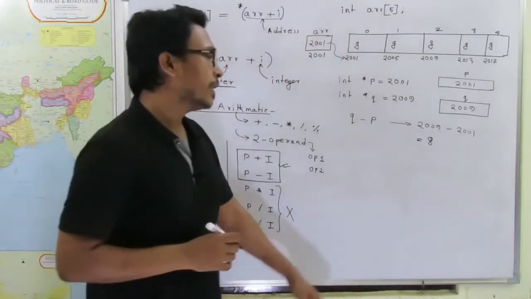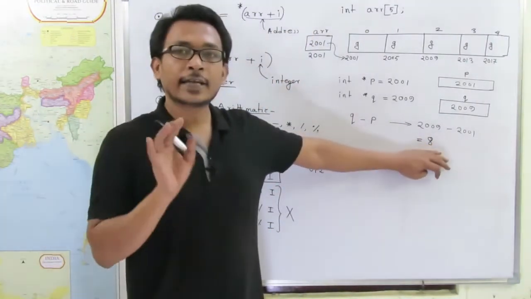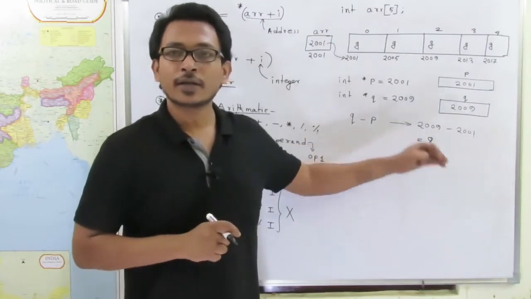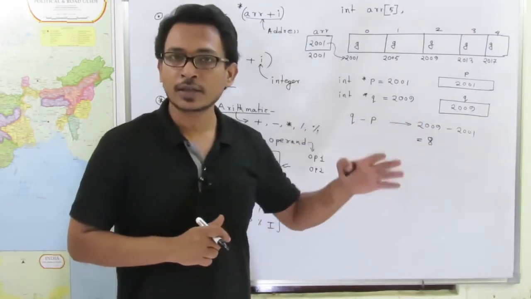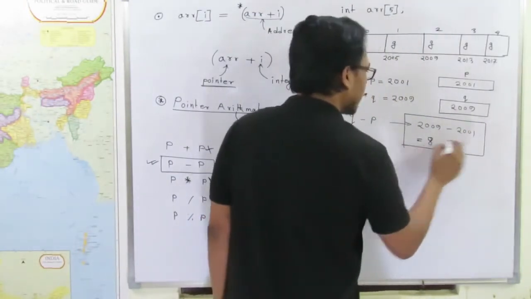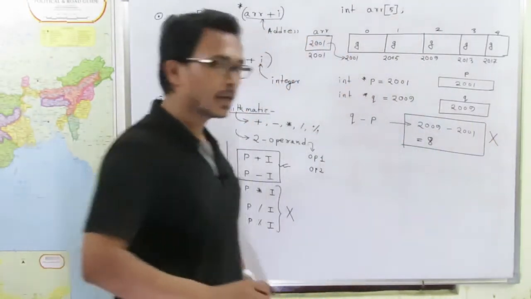But this is the result we get in case of normal subtraction. In case of pointer arithmetic, that is not the scenario, so this is invalid. Clear?